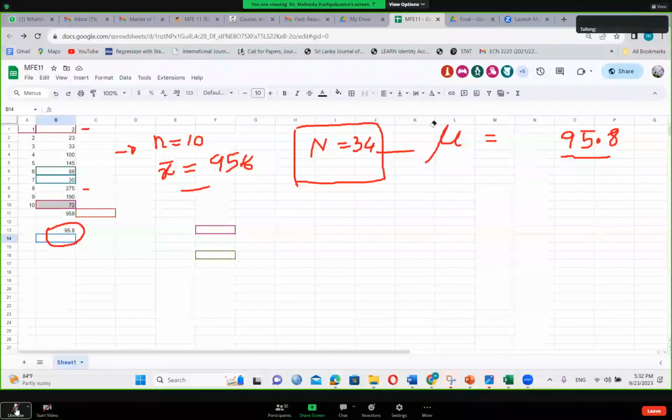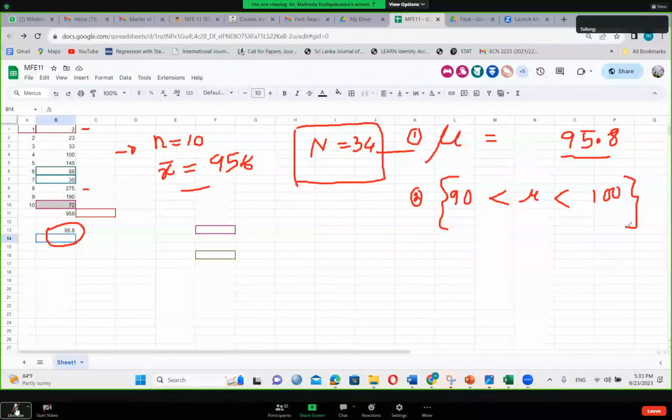Okay, then this is my statement one. As you conclude, this is statement one. Then another statement I can make. I can say I am 95% sure, or I am 95% confident the average number of messages received in this population is between 90 to 100.